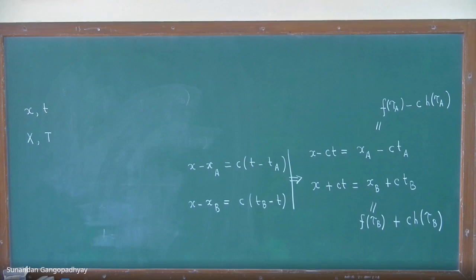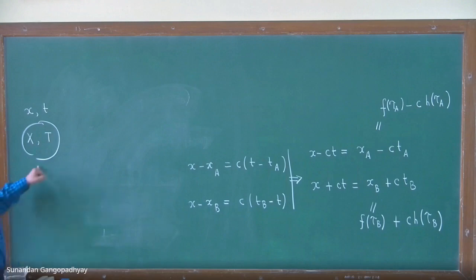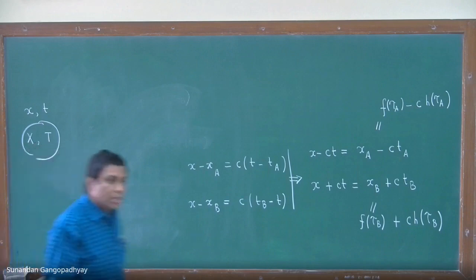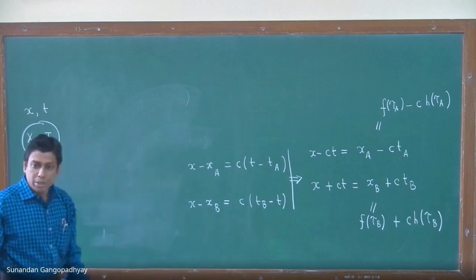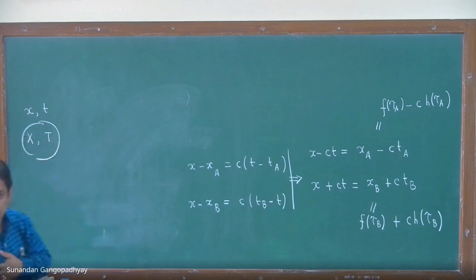So this is your frame S prime, which is moving with respect to the frame S, and with respect to this frame S prime you are assigning coordinates to this event P, and those coordinates are nothing but what I have written as capital X and capital T. These are the coordinates that you assign to the event P from the non-inertial frame. In general you can assume it is non-inertial. You can go to a special case where that frame is no longer non-inertial but inertial, and then you will come back to the special theory of relativity.